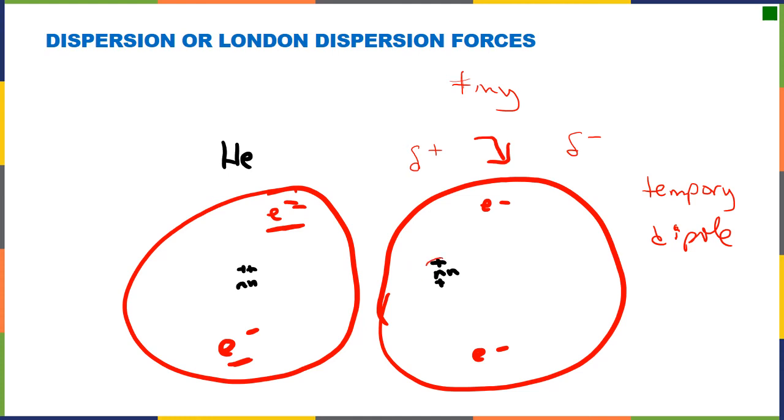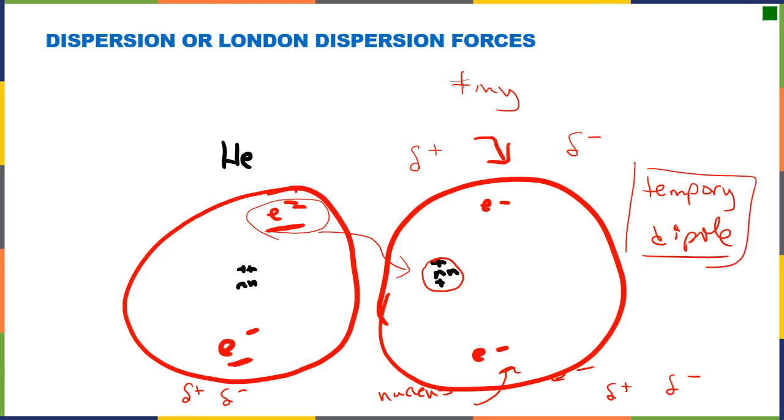By having the electrons on one side, so the electrons are over here and the nucleus is over here, it's going to have a temporary dipole. It's going to be partial negative here and partial positive there. What happens then is that these electrons see this nucleus, and as soon as they do that, they're going to make a partial negative and partial positive over here, and your dipole is tiny and temporary.